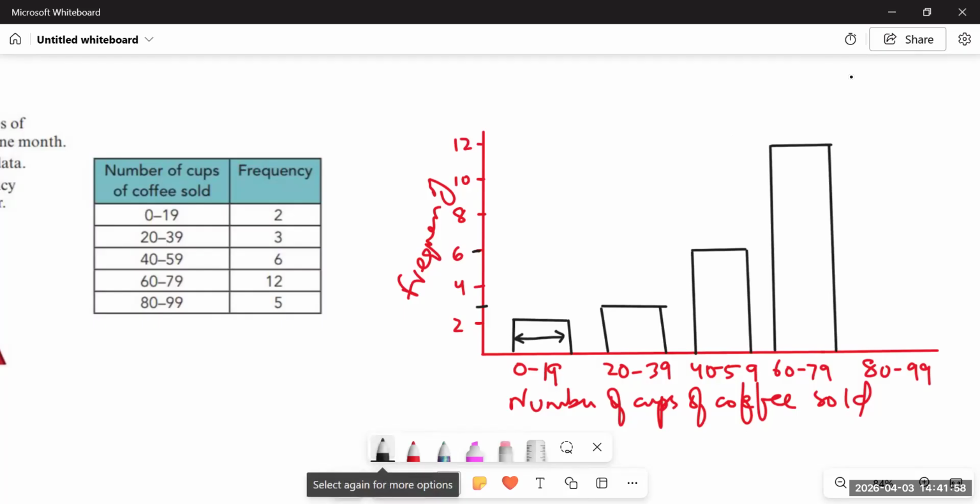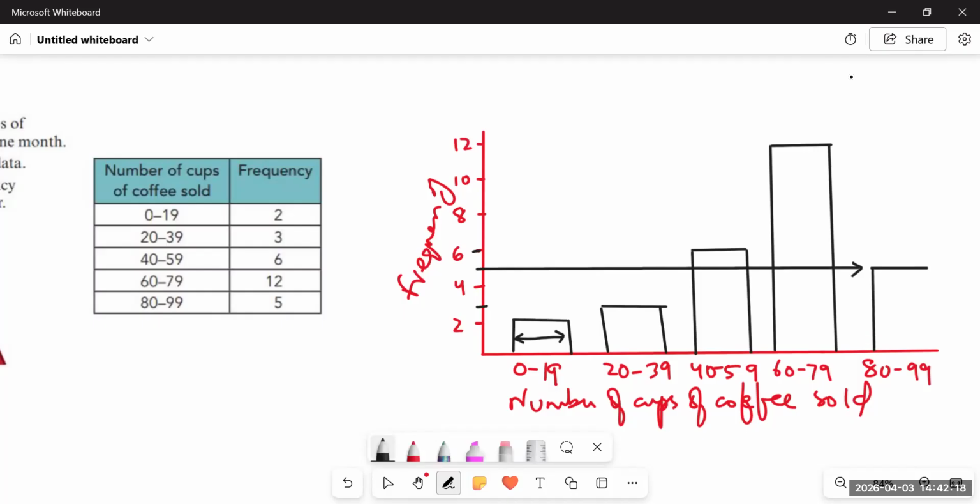Then 80 to 99 is 5 here. Okay, so that's how we will draw the frequency diagram.